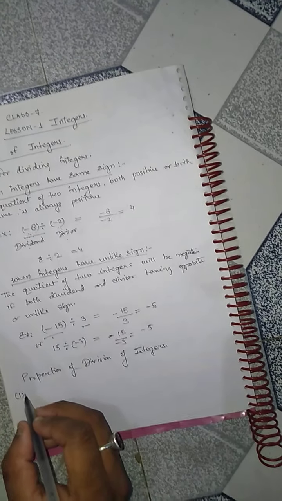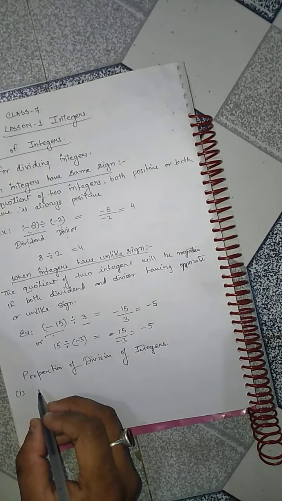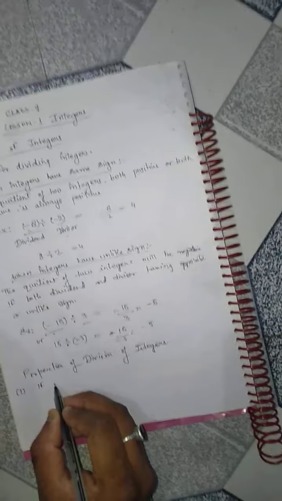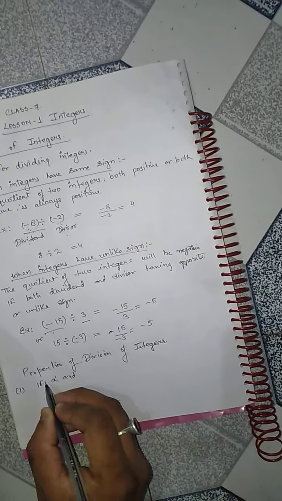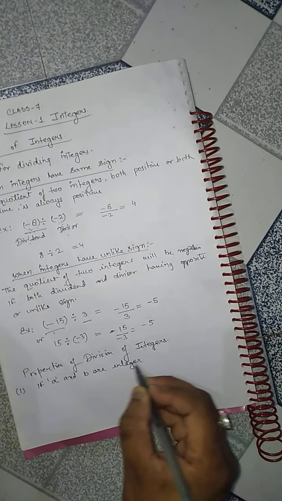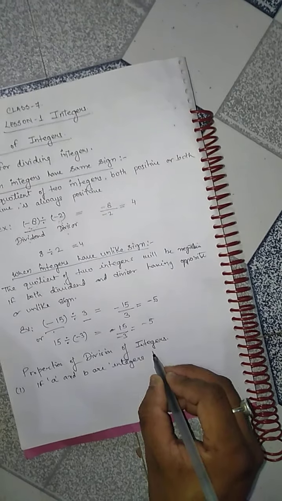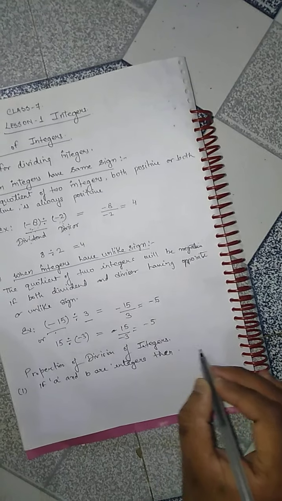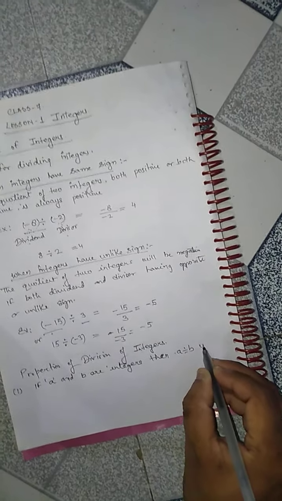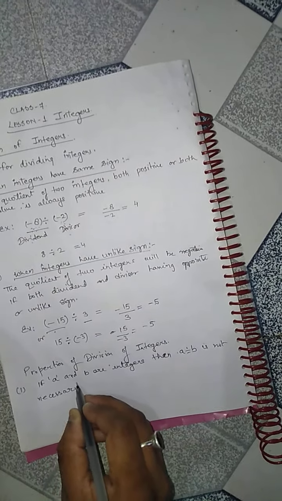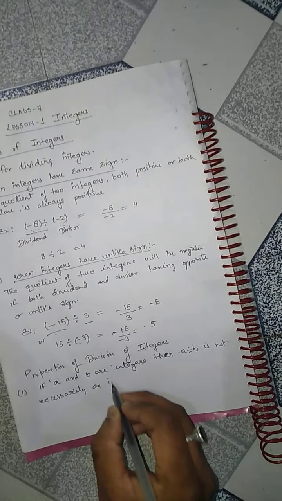Now, if a and b are integers, then a divided by b is not necessarily an integer.